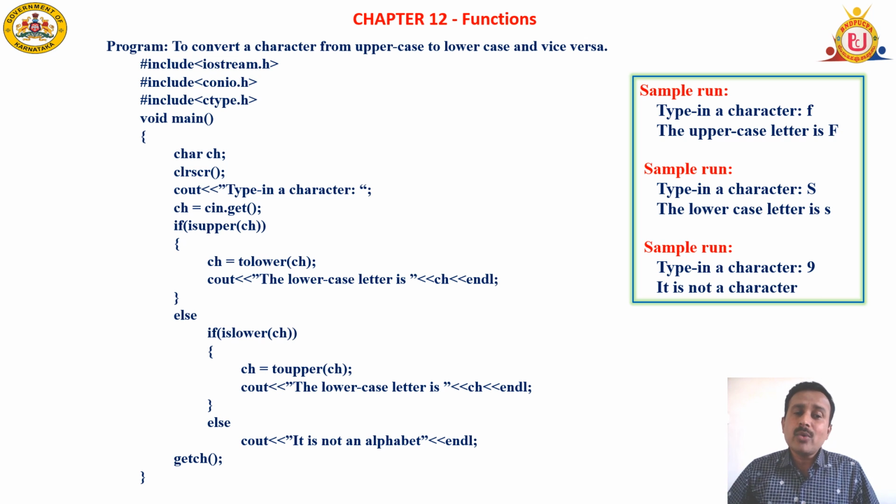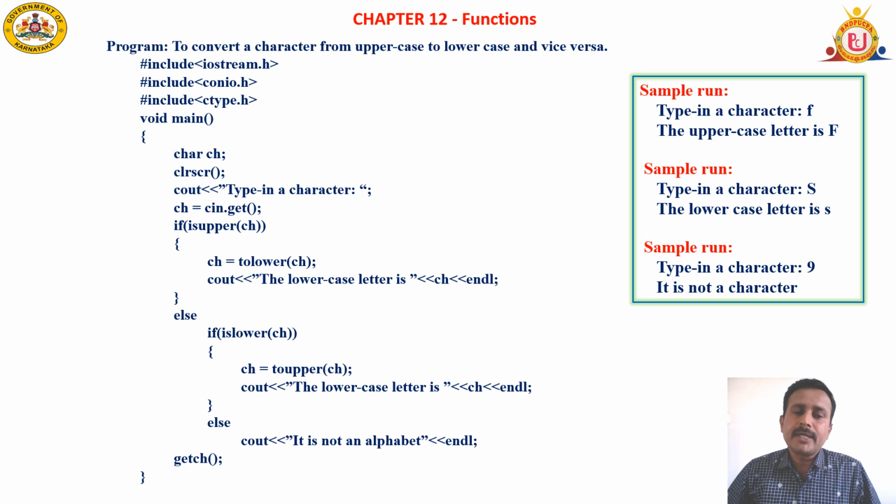Here it is going to check, is it in lowercase? If the given character is in lowercase, then it's going to convert it into uppercase. See, the toupper function is used to convert the given input into its equivalent uppercase character. After converting, it is going to assign it to the variable called ch.